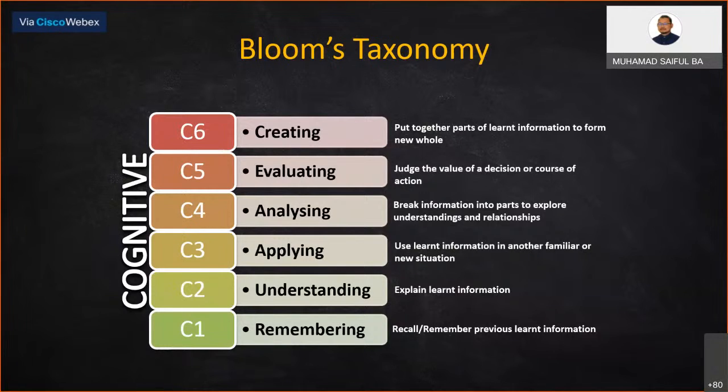That is the higher level, and C6 is definitely creating: they put all the parts together to form something different or new, something modified from the original version. So this is C1, C2, C3, C4, C5, and C6. We are going to explore one by one what objective test items we can use to assess C1 until C6.